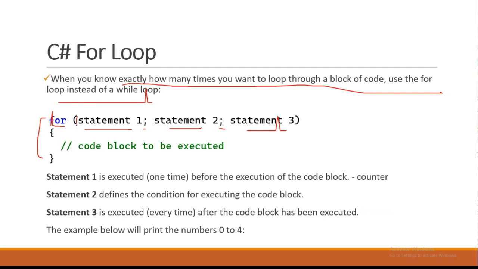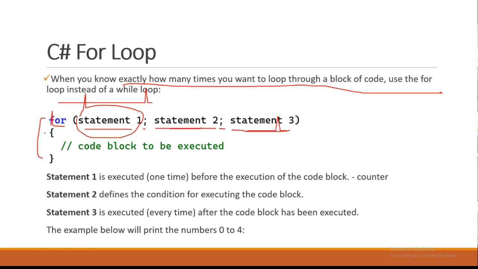Statement 1 is what we use for the counter's starting value. Statement 2 will be the condition that we are going to write. And statement 3 is the increasing or decreasing value, for example i++ or i--.